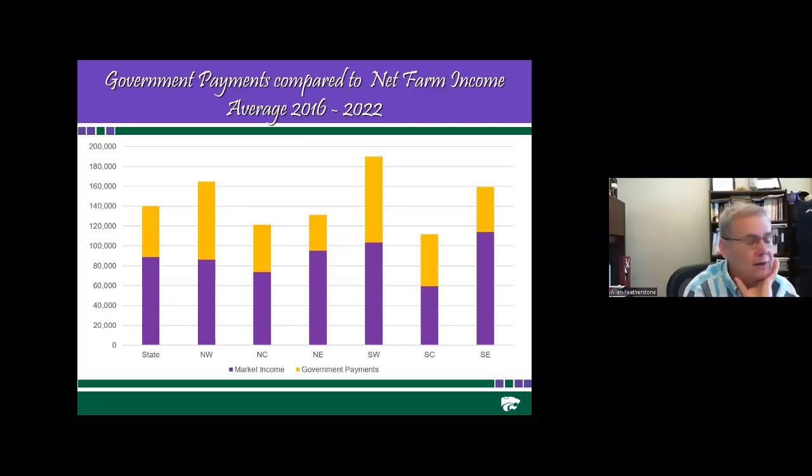The last thing I wanted to visit with, and then we'll take questions as we move forward. This looks at Kansas Farm Management Association data. I went back and did an average from 2016 to 2022 in terms of looking at what the average market income was and then what the average government program payments were.